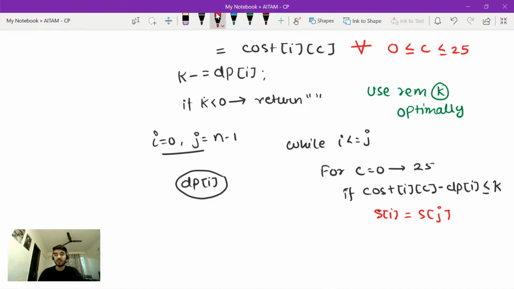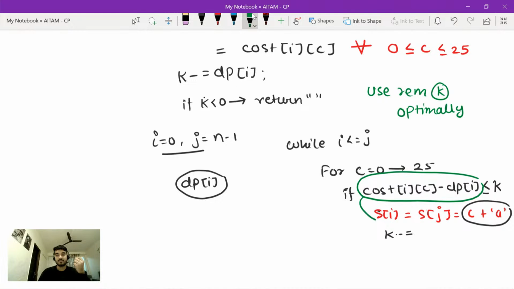Make it equal to c. So c plus the ASCII value of a: this c is the ordinal number, and plus a converts it into a character. Now I have changed these two characters, then just decrement the value of k by this difference and break the loop.